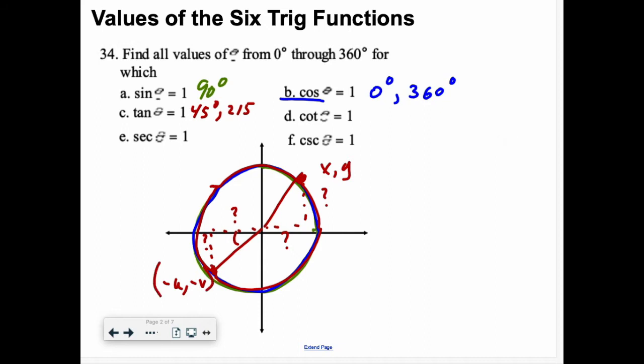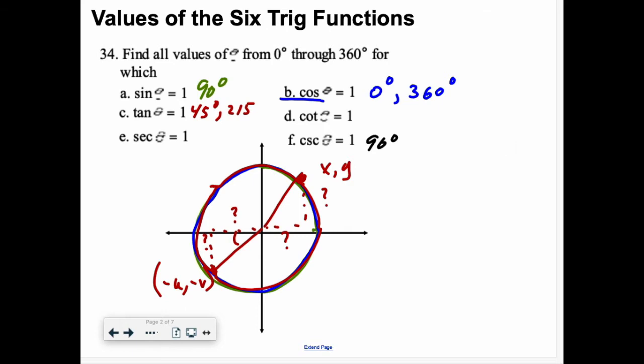Now, our cotangent, secant, and cosecant are going to be 1 at the same values. Why are they going to be 1 at the same values? Because all they are is 1 over the original. So we know that sine goes with cosecant, so this is just 1 over sine. Sine is equal to 1 at 90, so cosecant is equal to 1 at 90.